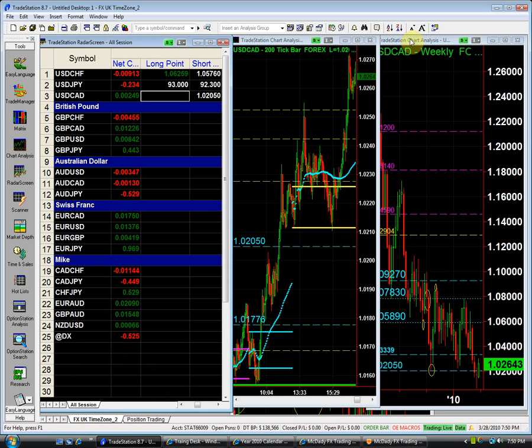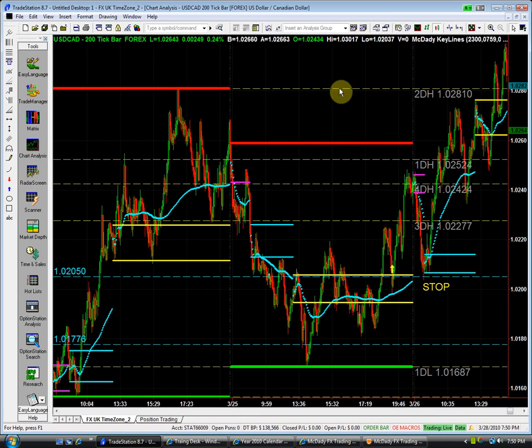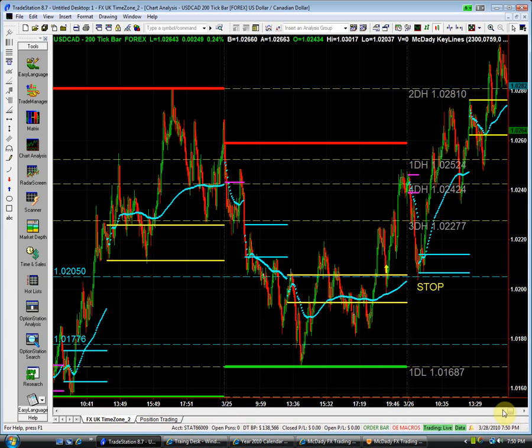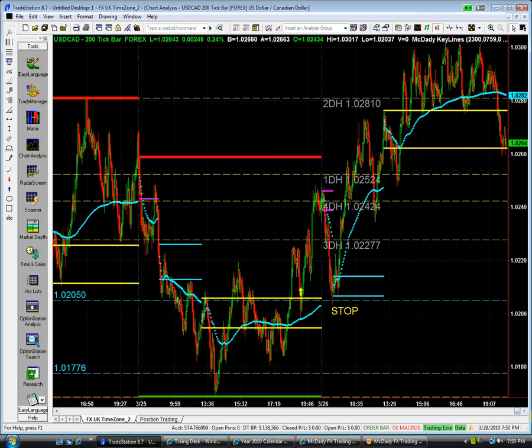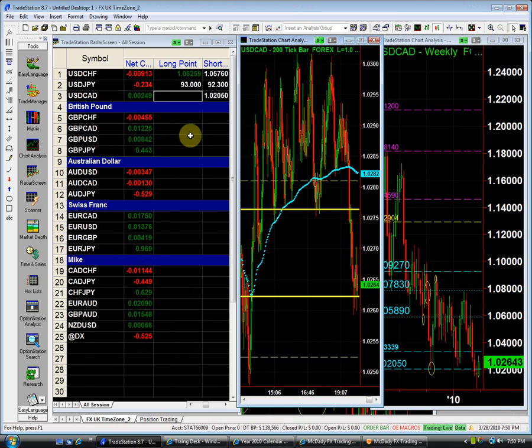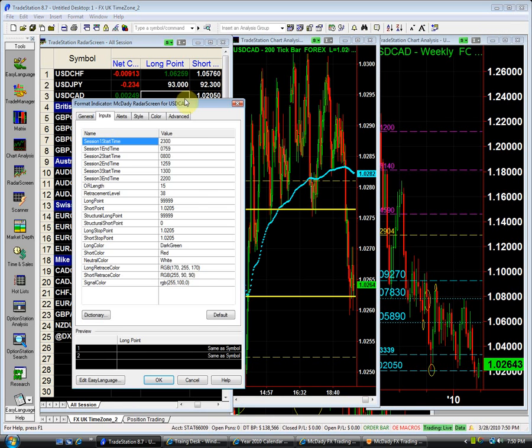So I'm now going to try to find an entry for my long trade. That's also easy. We can buy it above the 102.81. So my buying point, long point, is above 102.81.